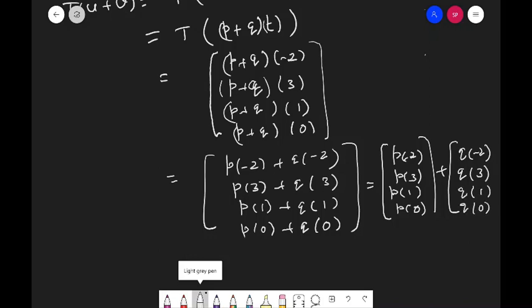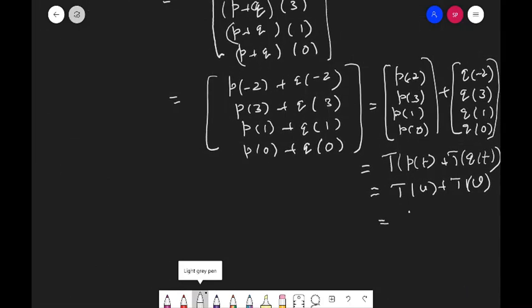See, these are simple operations which you have already been doing; we are just doing them under linear transformation. This is nothing but T of P of t plus T of Q of t, which is equal to T of u plus T of v.